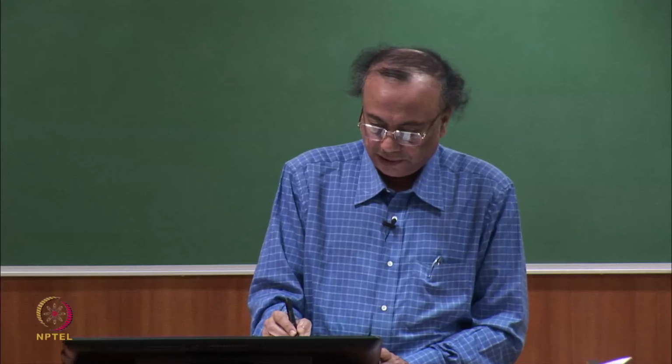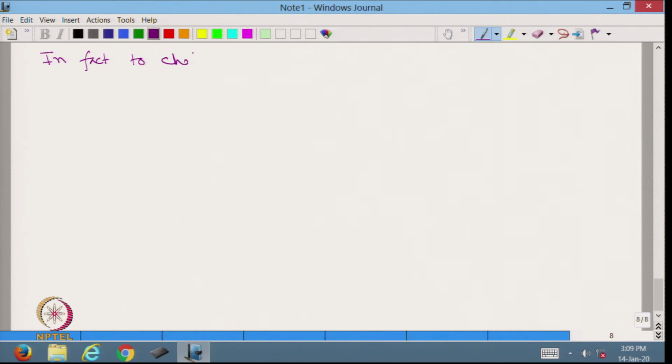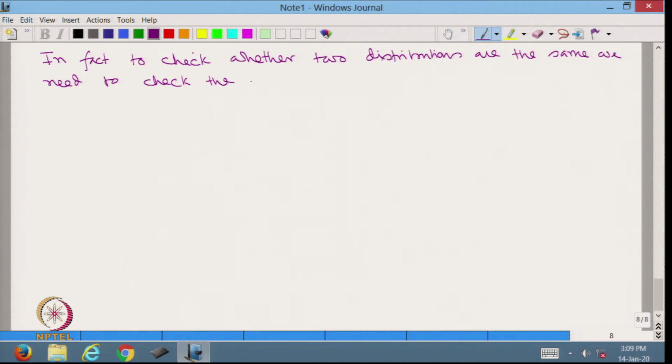Okay. In fact, to check whether two distributions are the same, we need to check the equality of all the moments mu r prime, r is equal to 1, 2, 3 up to infinity.